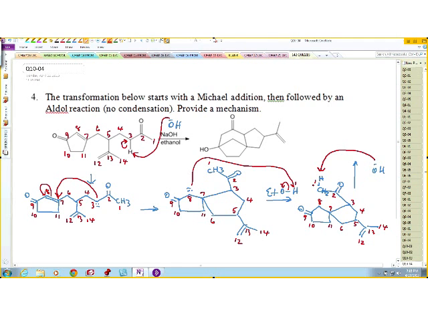Okay. And then you form this intermediate. We have this here, this here.